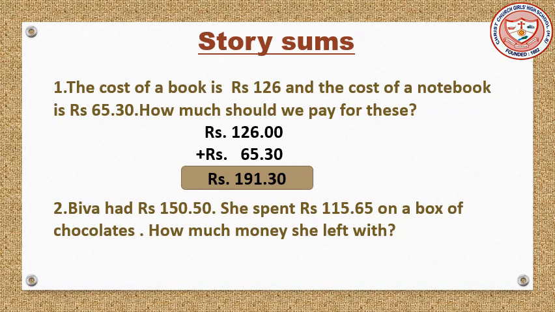So girls, here Biva had rupees 150.50 and from that she spent rupees 115.65 on a box of chocolates. So it is obvious that the amount which Biva had will become lesser after spending the money on a box of chocolates. Right, girls?